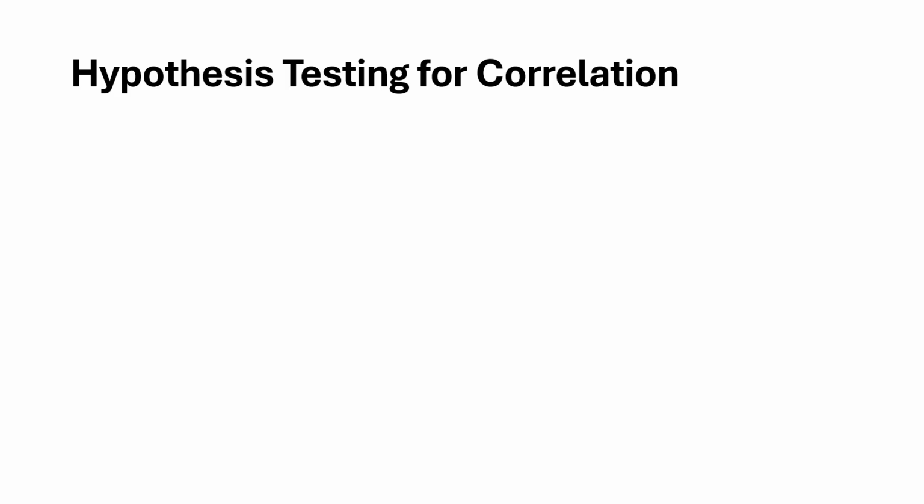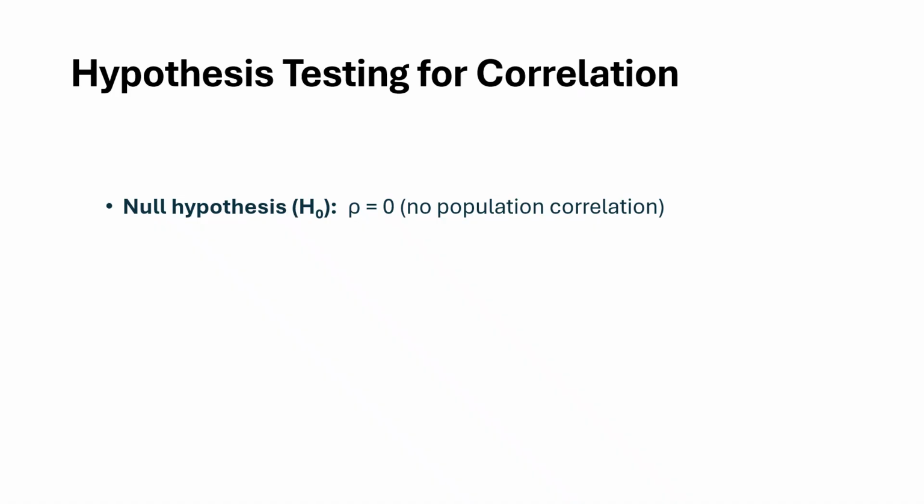For the hypothesis testing for Pearson correlation, our null hypothesis would be, now here you see the symbol rho for Pearson correlation, which is in fact the symbol for the Pearson correlation for the whole population, as was the case, for example, in the case of the mean, where we normally use mu for the population and x-bar for the sample.